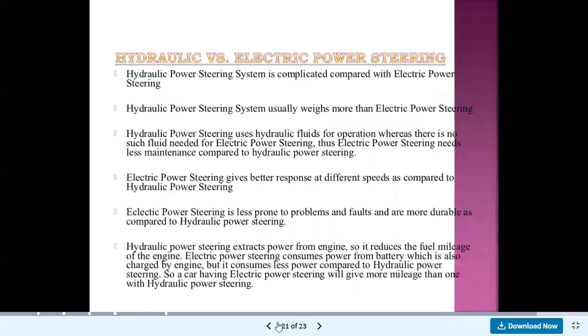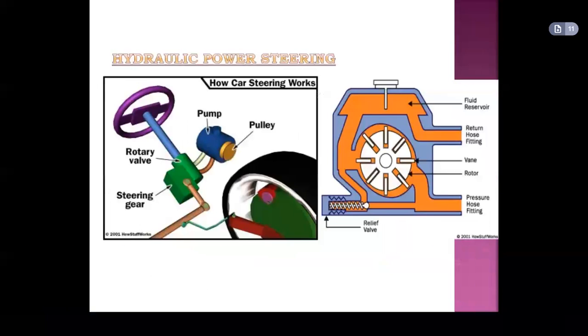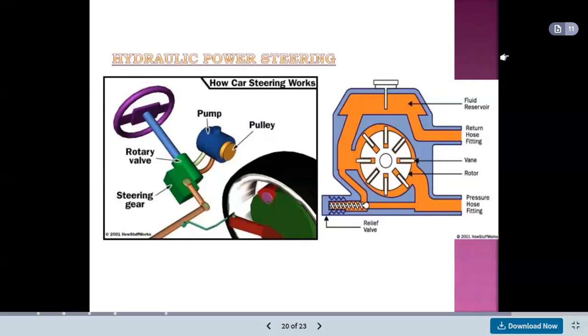Then this diagram shows the hydraulic power steering. How car steering works: the rotary valve is provided, steering gear is provided, pump is provided, pulley is provided. In this diagram, the fluid reservoir is shown, then the return hose fitting, then the vane is provided, rotor is provided, and the pressure hose fitting is there.